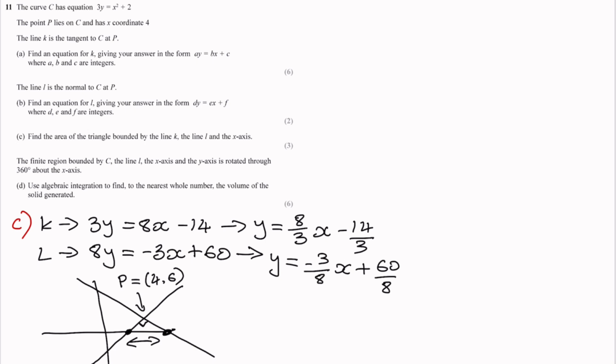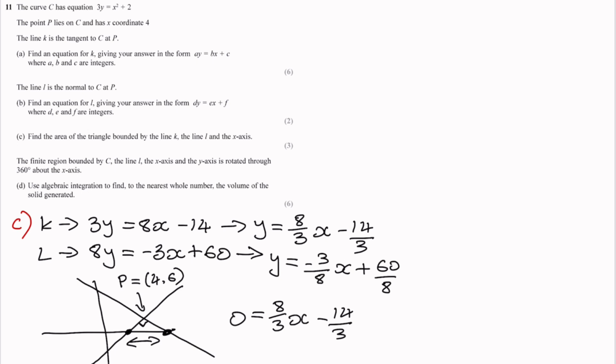So to find the base we need these two coordinates. For each of the lines I can set y equal to 0, and that will find me these two coordinates. So for the first line, if I put y equal to 0 for this equation, I get 0 equals 8 over 3x minus 14 over 3.